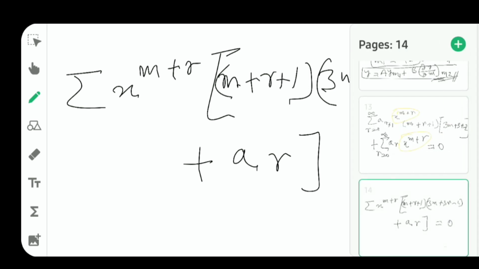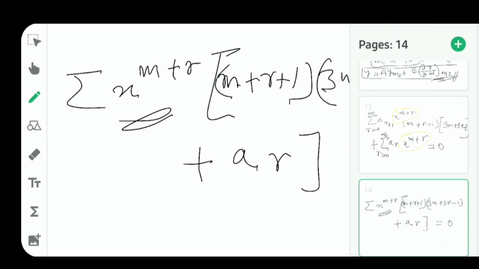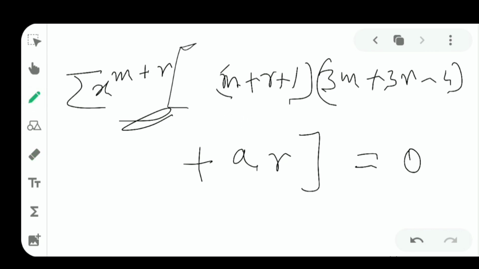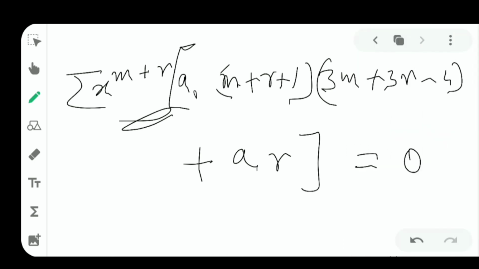We get x to the power m plus r, summation. Here I made one mistake: I have to write another term also. If I take x to the power m plus r common, then there will be one more term, that is a_(r+1).